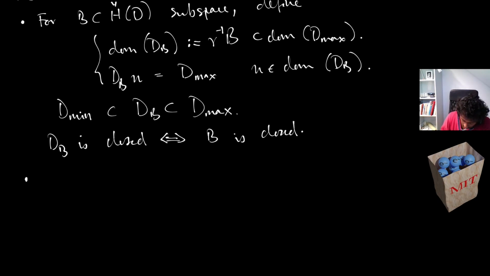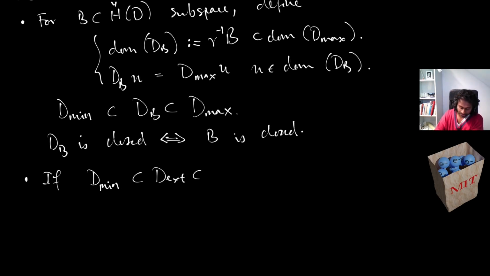Now let's suppose we take an extension. Yes? The question was, was the action of the operator dB on u, D max acting on u? Precisely. Thank you. Sorry, I missed that.